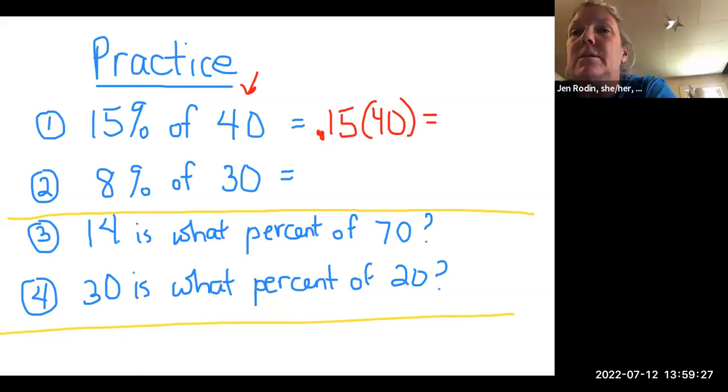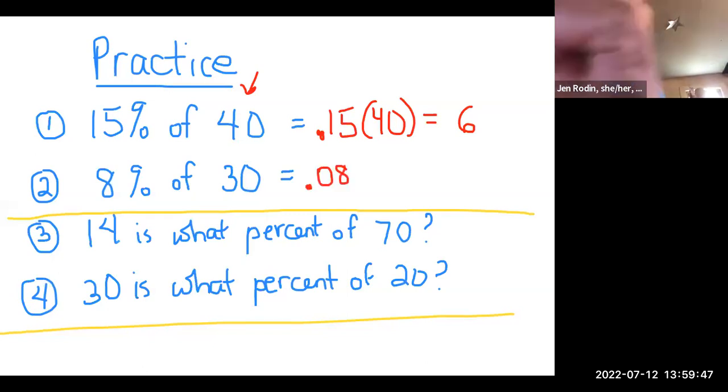Like I know 10% of 40 would be 4. 20% of 40 is a fifth of it, which is 8. It's halfway between 10 and 20%, so it's going to be 6. So if you have that kind of number sense, it could only help. It never would hurt. 0.08.